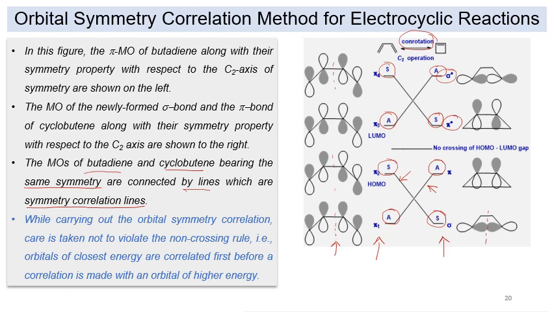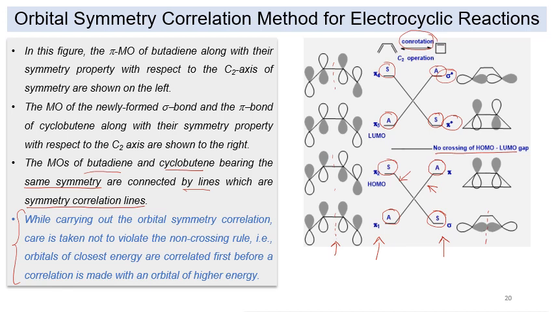While carrying out the orbital symmetry correlation, one has to take care that we do not violate the non-crossing rule. That means that the orbitals of closest energy are correlated first before a correlation is made with an orbital of higher energy.